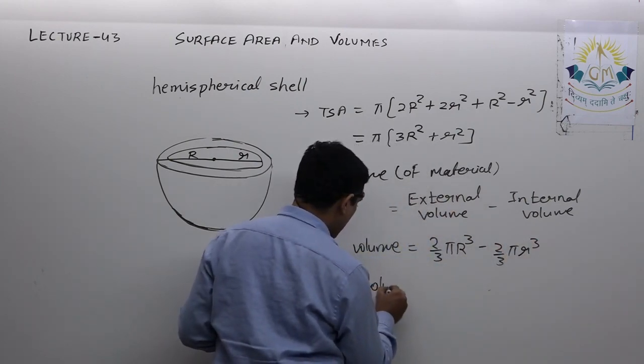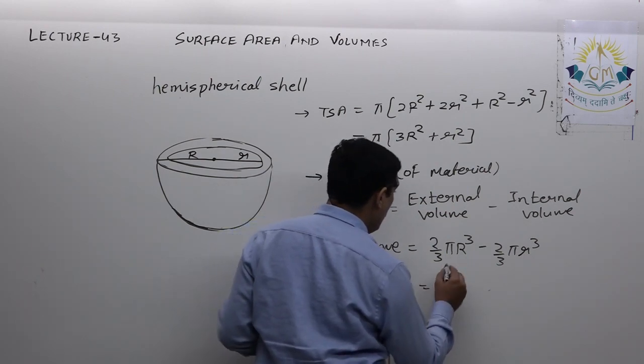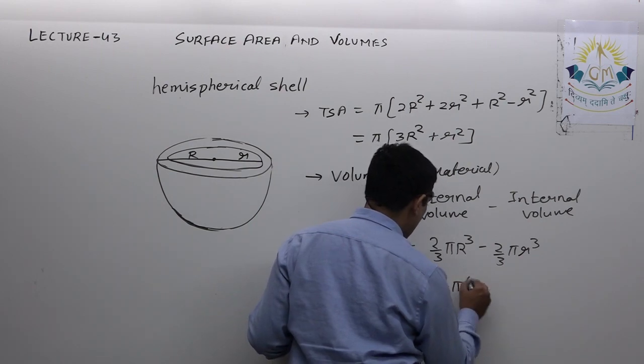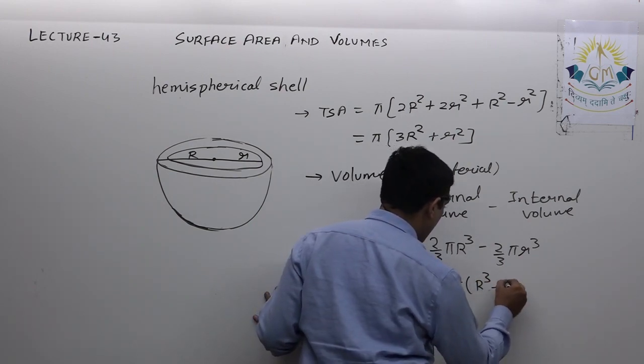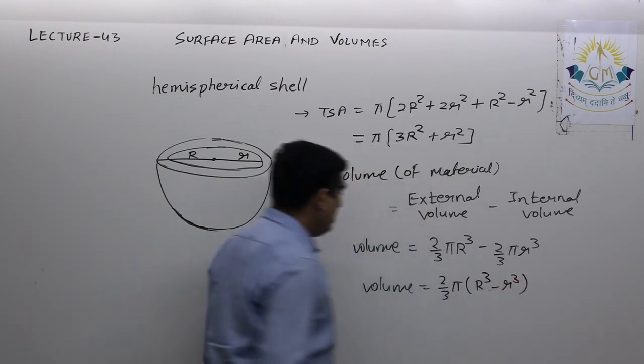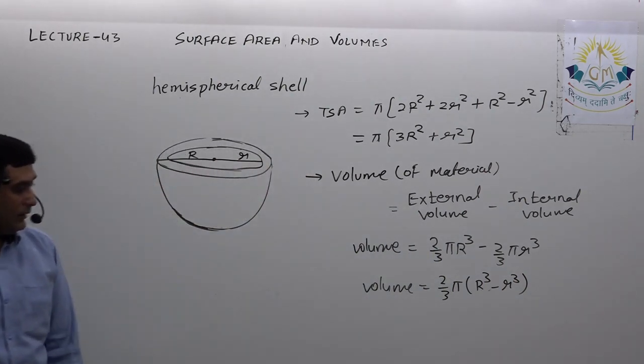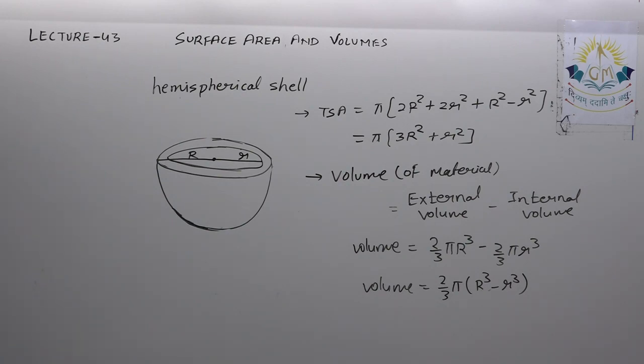If I take 2 by 3 pi common, the volume is 2 by 3 pi times capital R cube minus small r cube. So this is the volume of the material of the hemispherical shell. Please note it down.